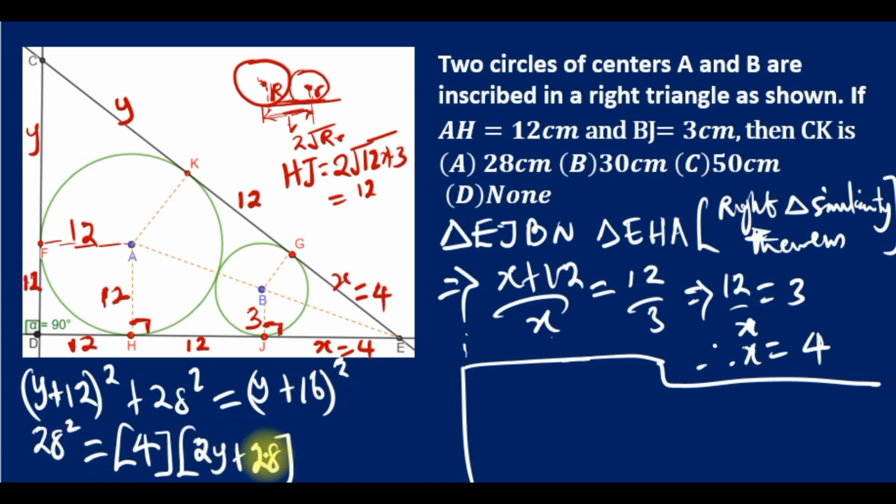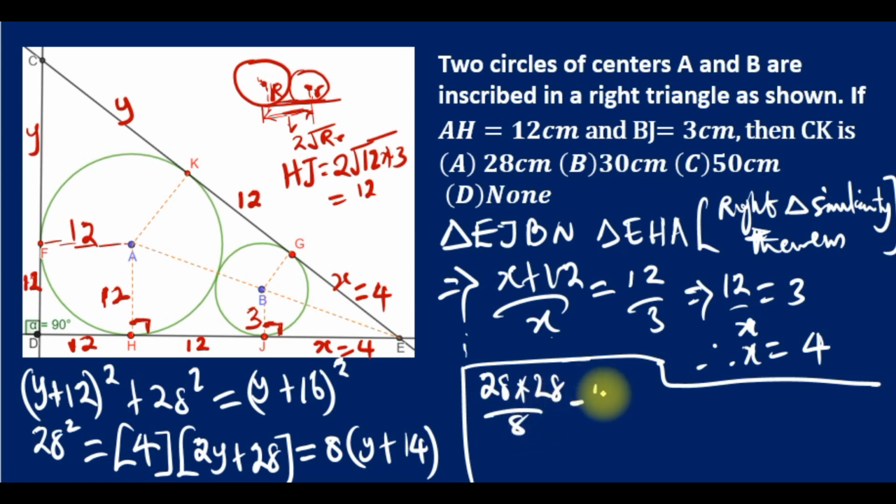Okay, let's factor. There is a 2 here, so we'll bring 2 out. So 4 times 2 is 8, remaining y plus 14. So finally, 28 squared, which is 28 times 28, over 8 minus 14 is y.